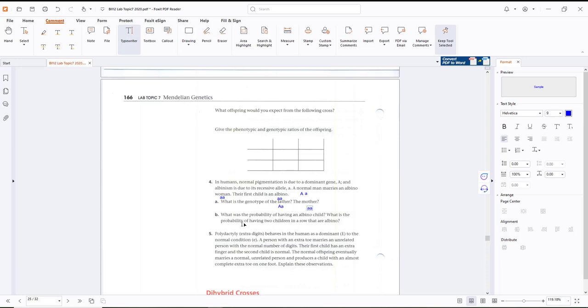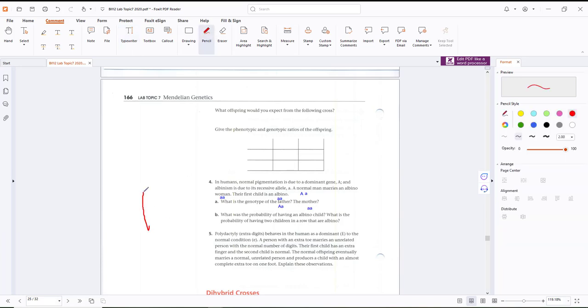What is the probability of having an albino child? Okay, so you can set up the Punnett square, okay? If you want, you can set it up. So you have the Punnett square with dad's big A and little a, and mom's little a, and then you can do the probability.